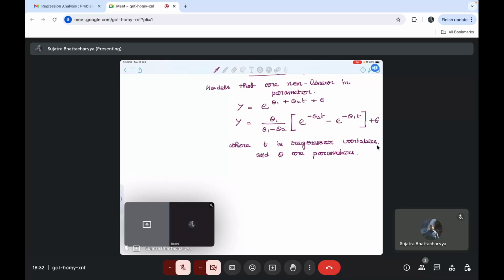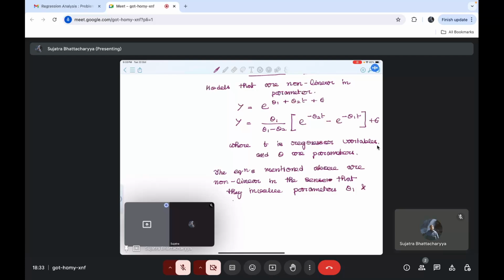Okay, so the equations mentioned above are nonlinear in the sense that they involve parameters theta 1 and theta 2 in a nonlinear way.